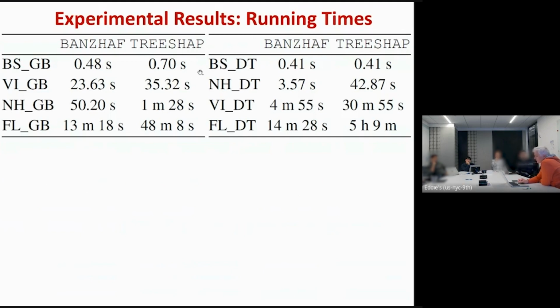These are experiments related to the running time of the implementation of tree-shap. This is Lundberg's implementation of tree-shap, and this is our implementation of Banzhaf values. Essentially, Banzhaf values are visibly faster.